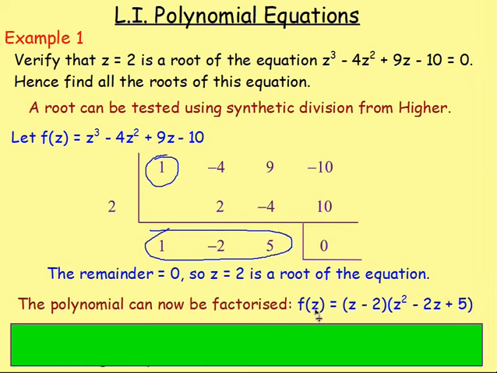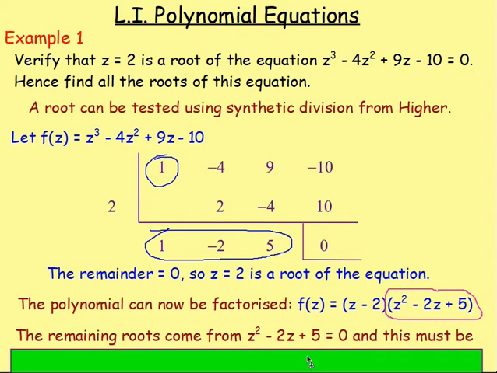So, factorising, we've got f of z equals z take away 2, and then brackets z squared take away 2z plus 5. We know that the first root was 2, but the other roots are going to come from this part here. This is where we get the other roots from. So what would we have to do with that? We would have to factorise. So if we factorise that, what would we end up getting?